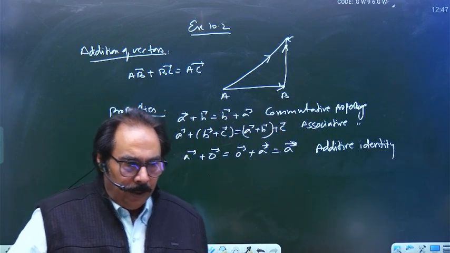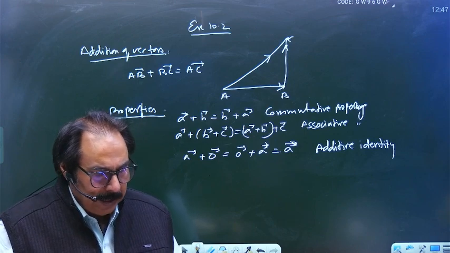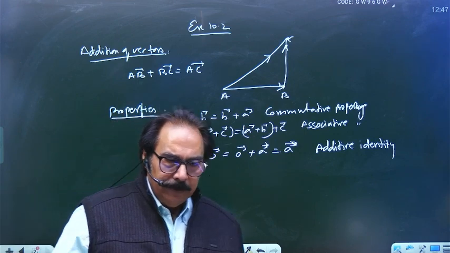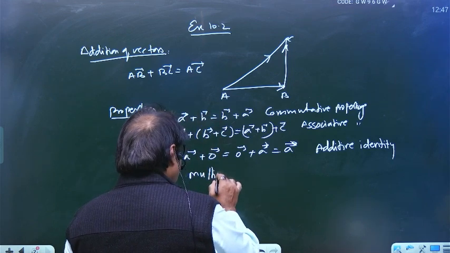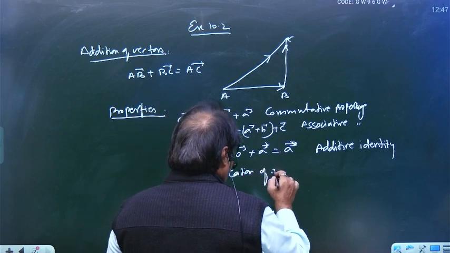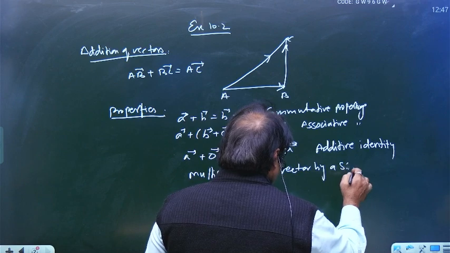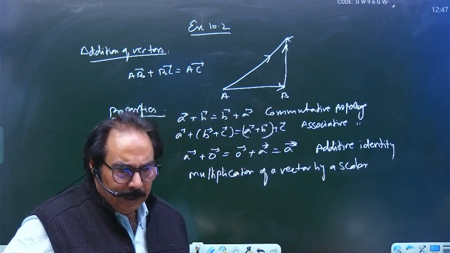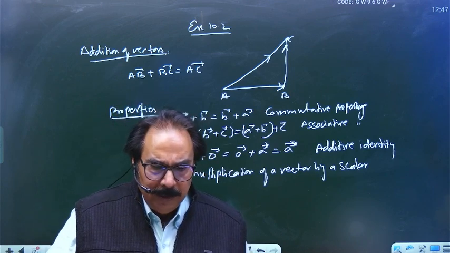Now, multiplication of a vector by a scalar. Let A be a given vector and lambda be any scalar.